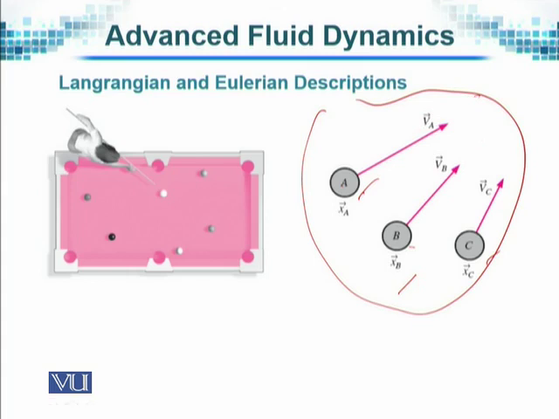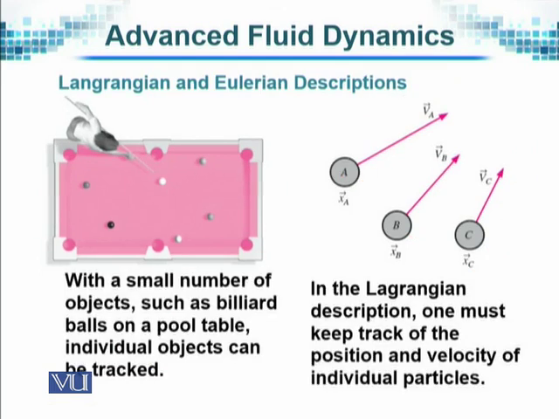If the number is small, we can follow it. But if the number is too large, it's impossible to keep track of them. The same is written here: with a small number of objects, such as billiard balls on a pool table, it's easy to follow. But in this description, one must keep track of position and velocity of all individual particles. Not an easy job in general terms.